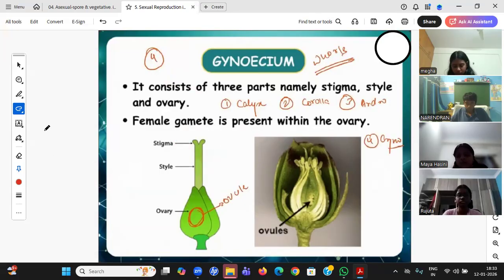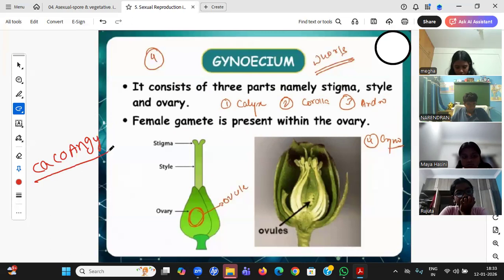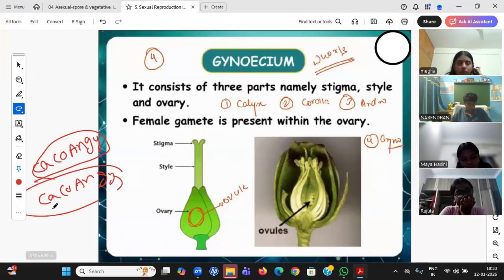If you want a shortcut to remember, I don't know any shortcut. Just now I felt that something can help you: Calyx, corolla, androecium, gynoecium. Cacoangi. Cacoangi can help you: calyx, corolla, androecium, gynoecium.